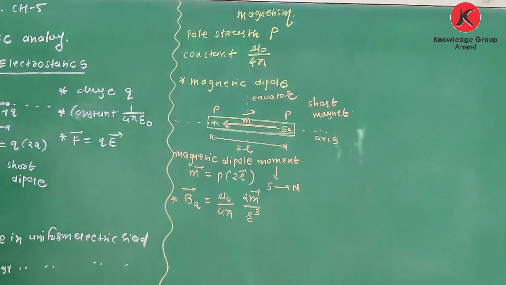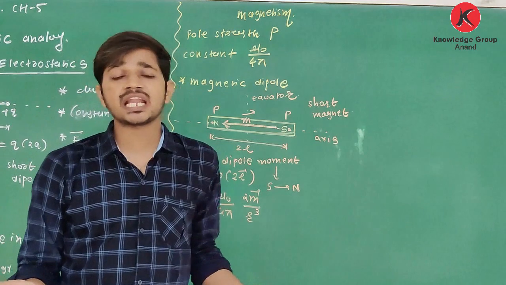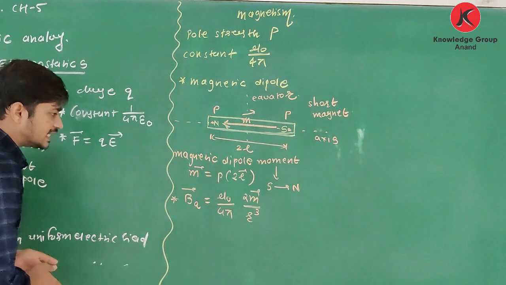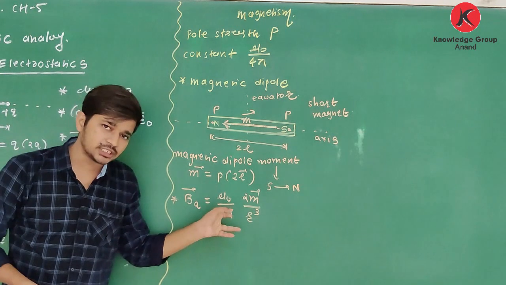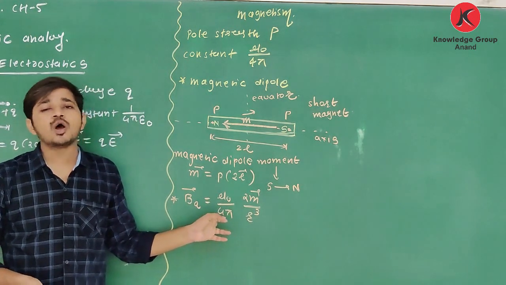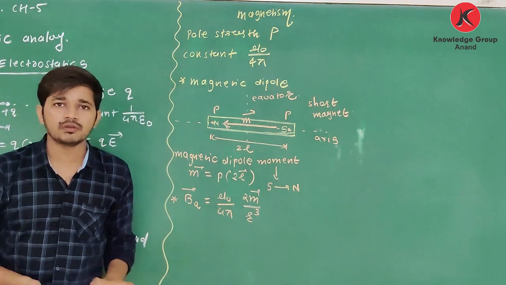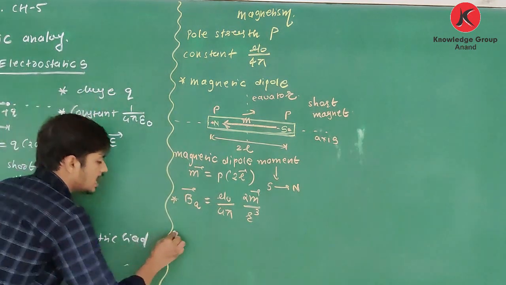Now see, if you compare EA, 1 upon 4 pi epsilon 0 is replaced by mu 0 upon 4 pi, 2P is replaced by 2M, and r cubed stays r cubed. This is called the analogy between electrostatics and magnetism. For the equator, we will not derive the equation, but write it directly with the help of this analogy.